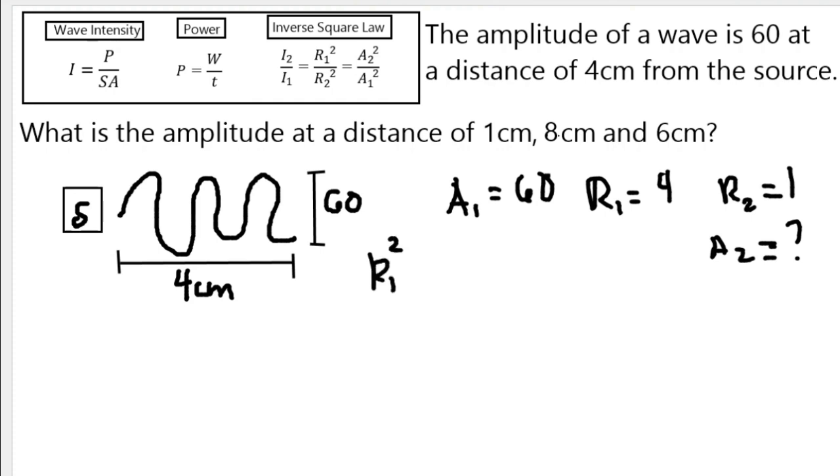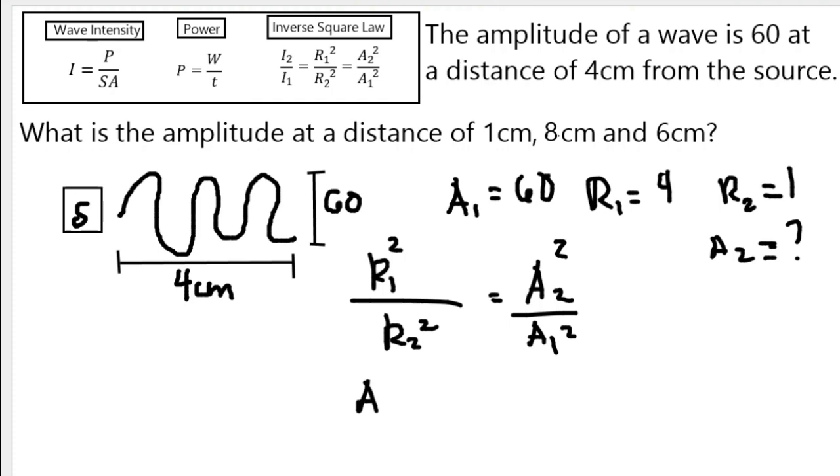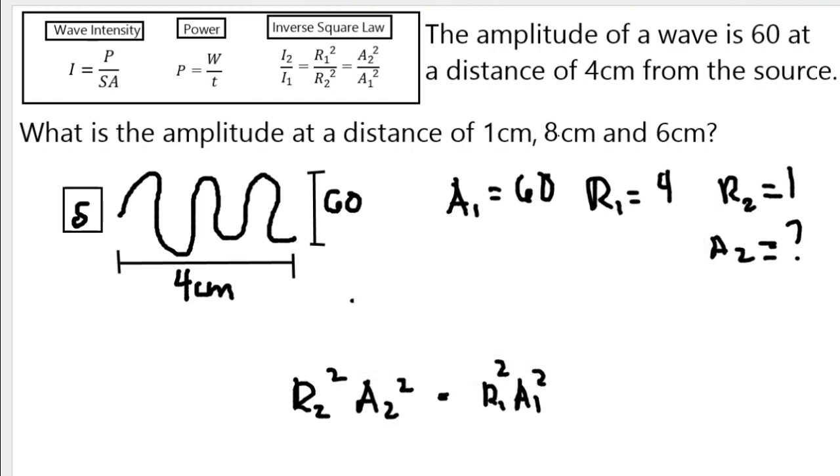What we can do here is just use the inverse square law equation. So we got this. To make things easier, let's solve for the amplitude number 2, a sub 2 squared. We just cross multiplied it. Now we can divide both sides and take the square root.